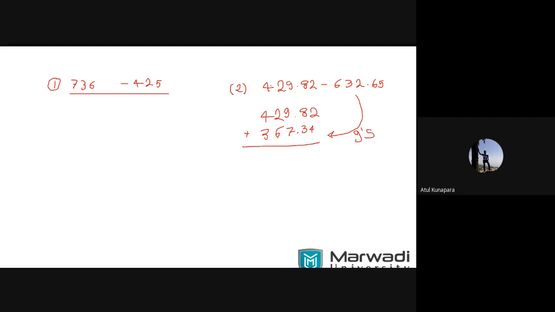Now when you do this addition, 2 plus 4 gives 6 here, 8 plus 3 gives 1 here and 1 carry. So 9 plus 1 is 10 plus 7, so it is 17. 7 comes here and 1 goes with the carry. Now 6 plus 2, 8 plus 1, so it is 9. And here 4 plus 3 is going to be 7.